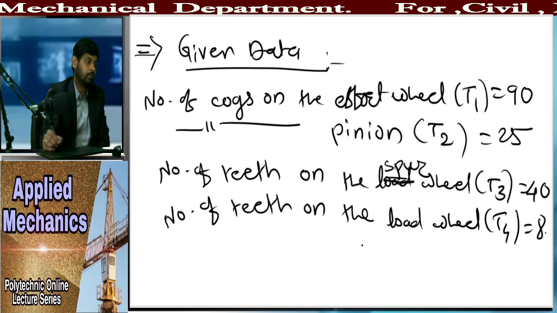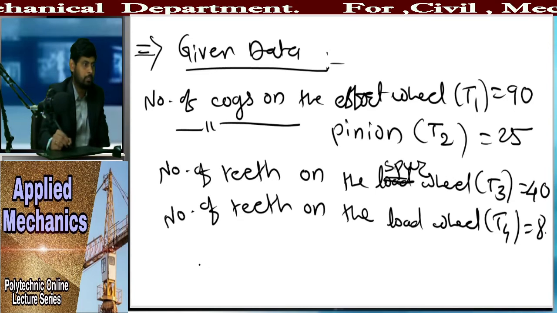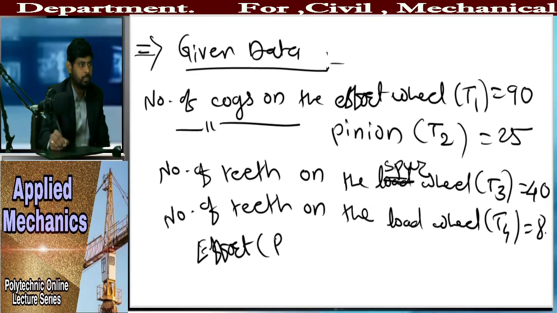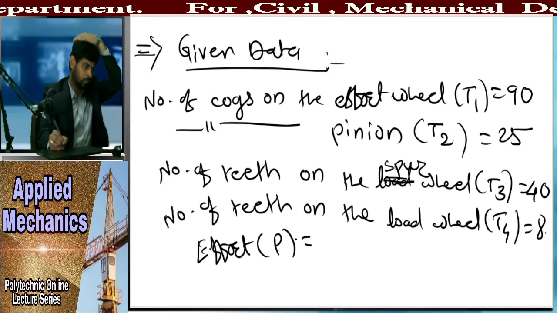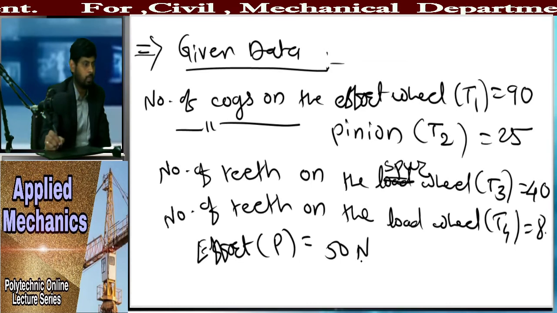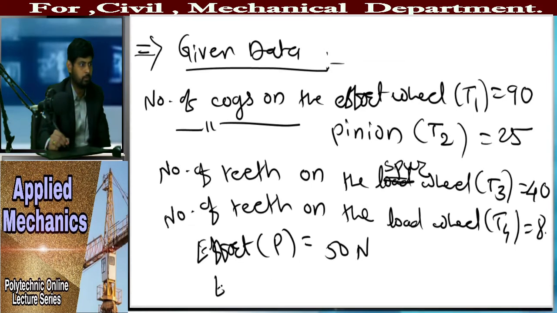So this is the given data, and also we are given the effort P, which is 50 Newton, and the efficiency is also given to us.